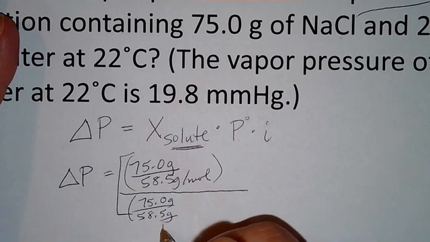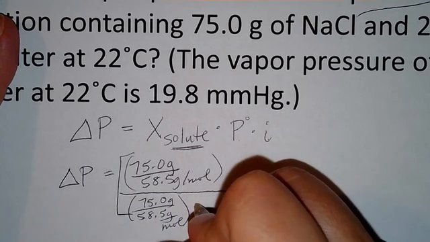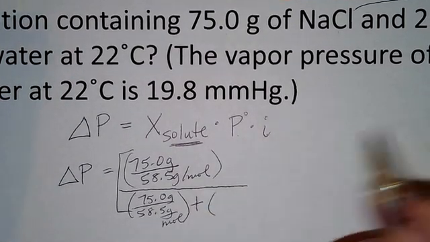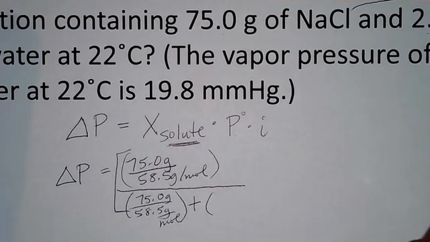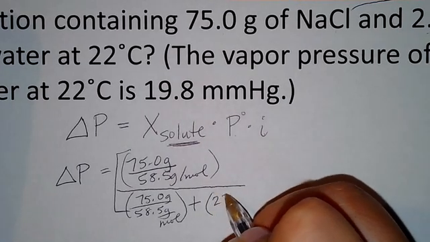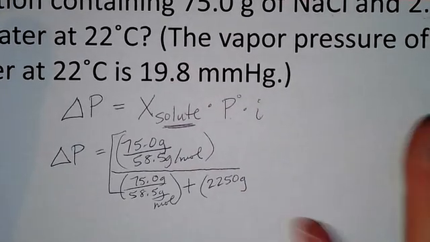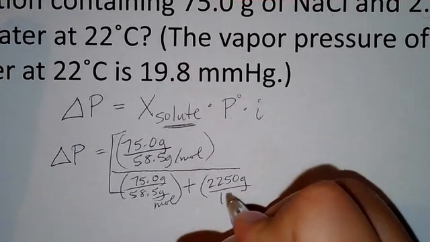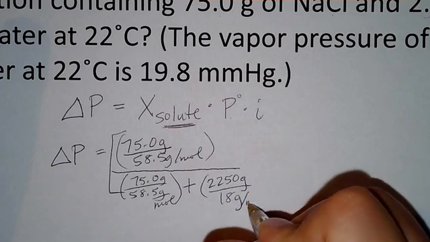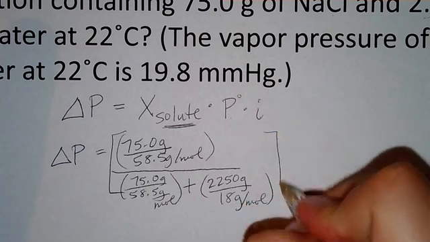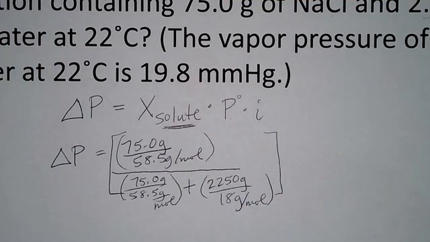Now in this case we have 2.25 kilograms. I'm going to turn that into grams, so moving the decimal place 3 places, and then dividing by the molar mass of water to give me the moles of water. Alright, so all of this lets us calculate our mole fraction. Then our pure pressure, 19.8 times our I value of 2.